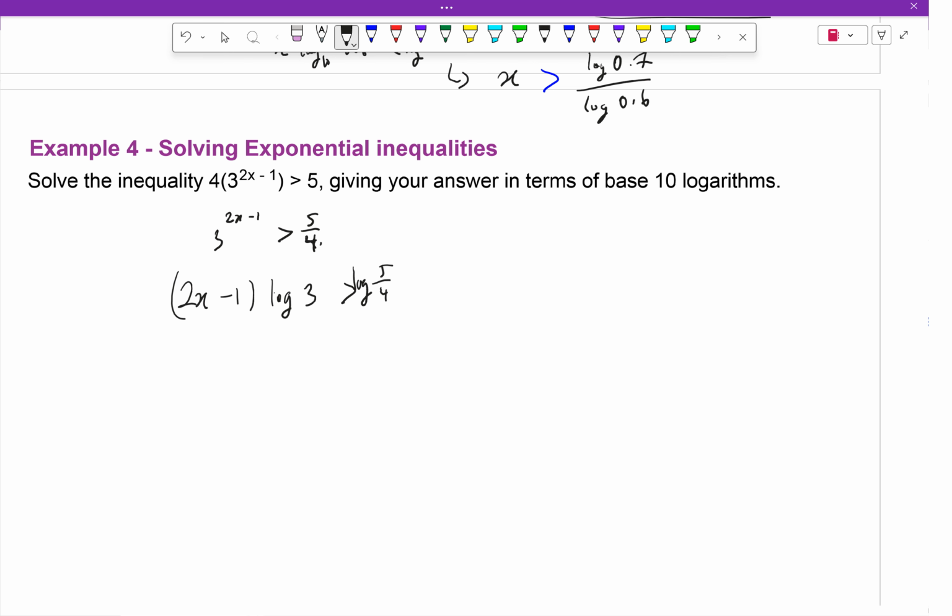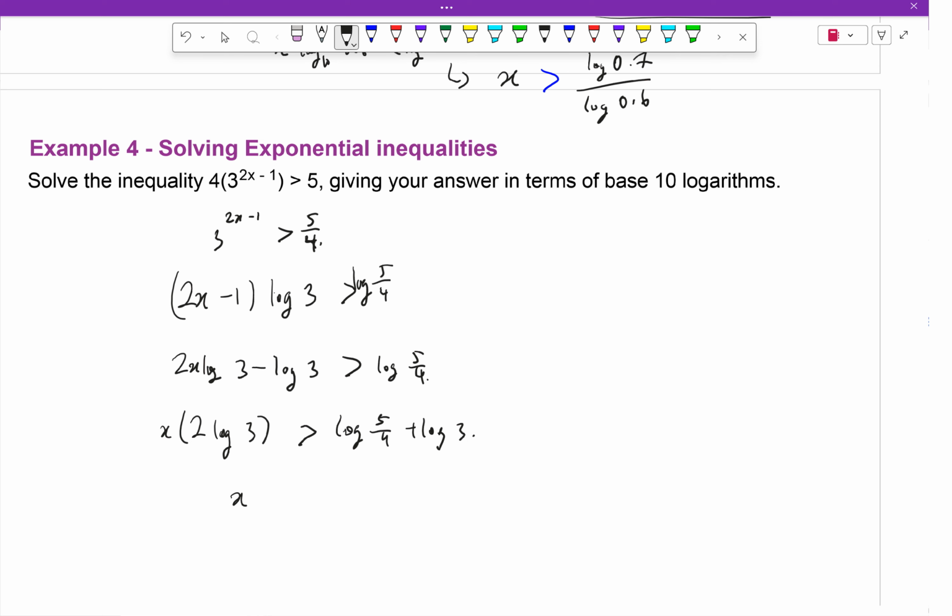Okay, so if that's the case, expand it, log 3 minus log 3 bigger than log 5/4. Let's plus both sides. So it becomes x times log 3 bigger than log 5/4 plus log 3.